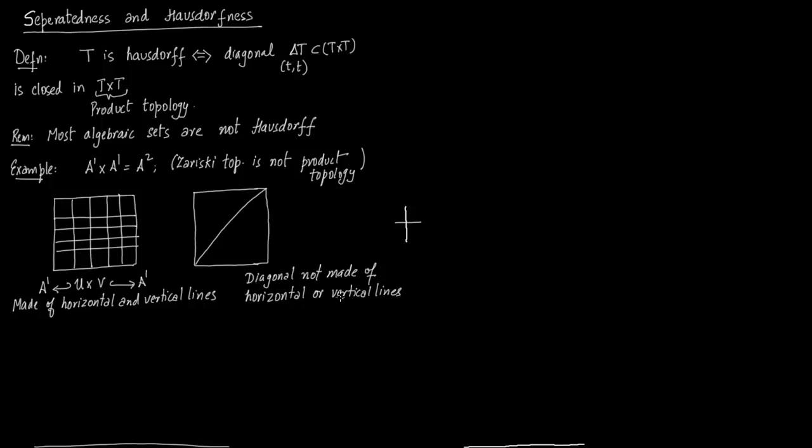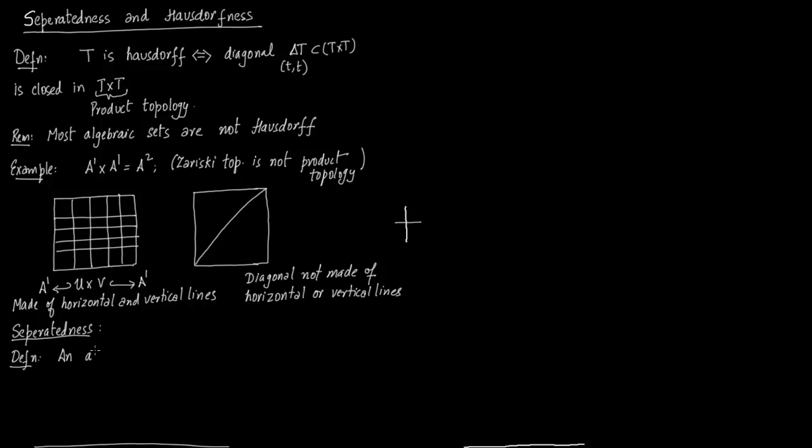So therefore we introduce the concept of separatedness. This is the analog of Hausdorffness. We do nothing much. We just do not worry about product topology. We just worry about algebraic sets. So separatedness is an analog of Hausdorffness, and we write down a definition now.